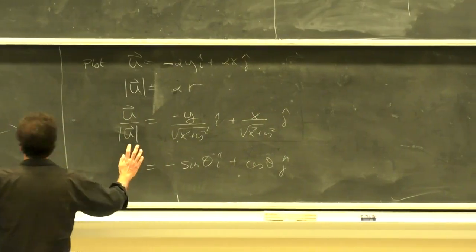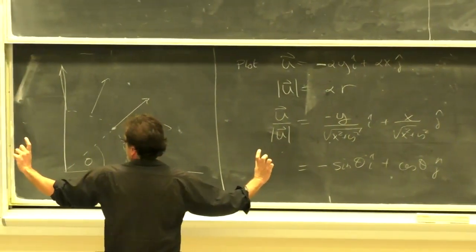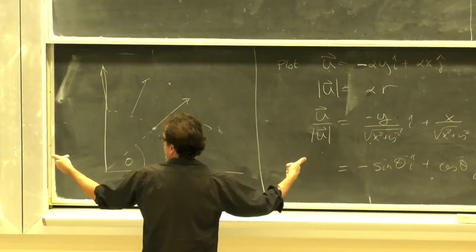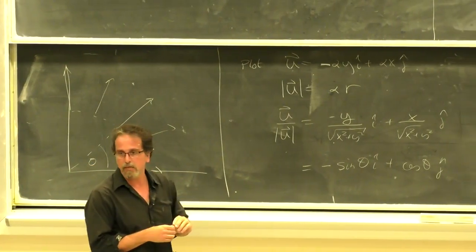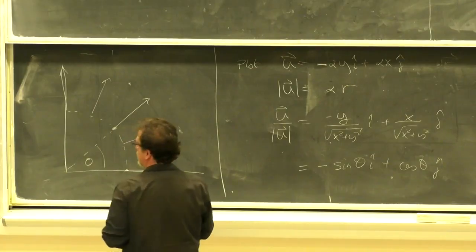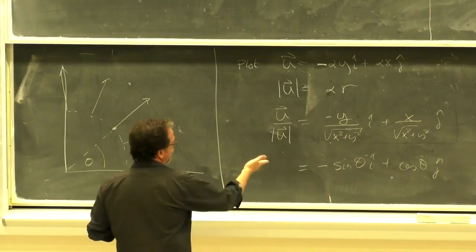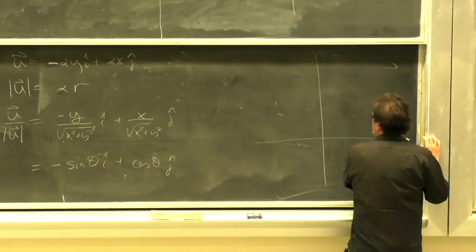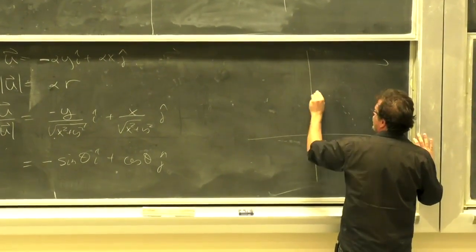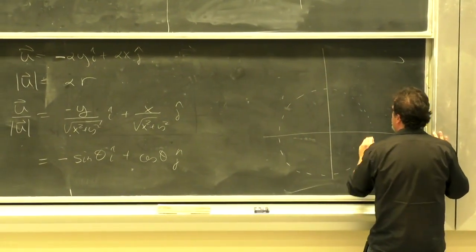And notice what's happened here. The sine theta and the cos theta have reversed roles with a negative sign. And that's always an indication of perpendicularity. Okay? So if you were to plot this vector field, we already said it's perpendicular at every point. Let's take a constant circle. We know everything is sort of invariant along circles.